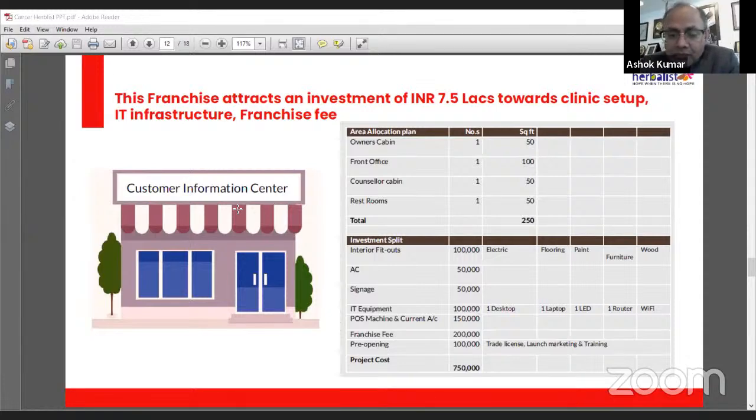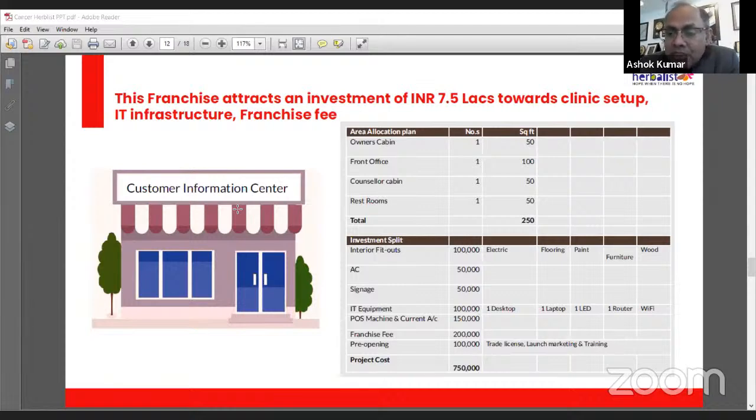clinic. To set up the clinic, your infrastructure requirement is very low. So your interior fit out will cost you around 1 lakh rupees. Your AC and electrical work around 50,000 rupees. You need one signage, again at 50,000 rupees. IT equipment, you require one desktop, one laptop, LED and router, and all equipment, that is 1 lakh rupees.